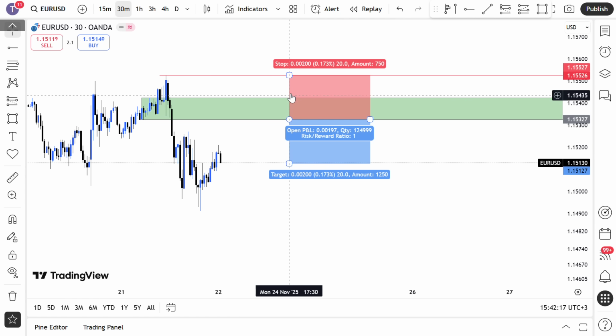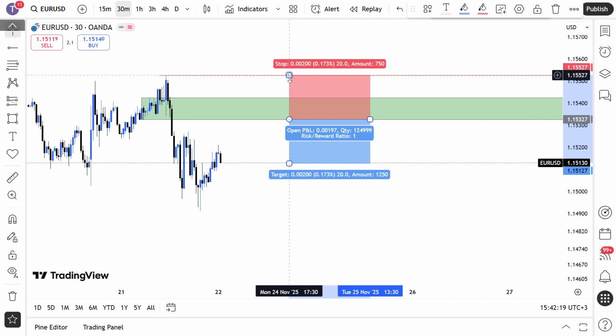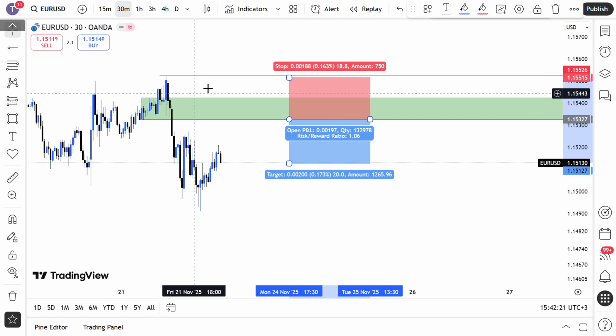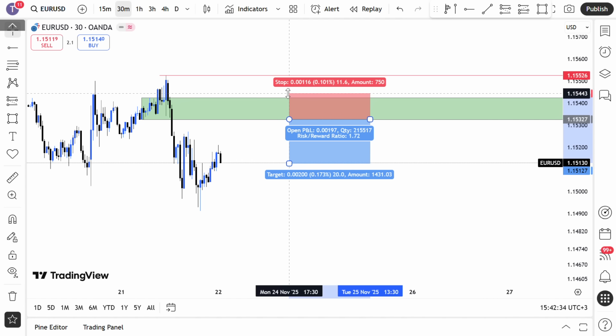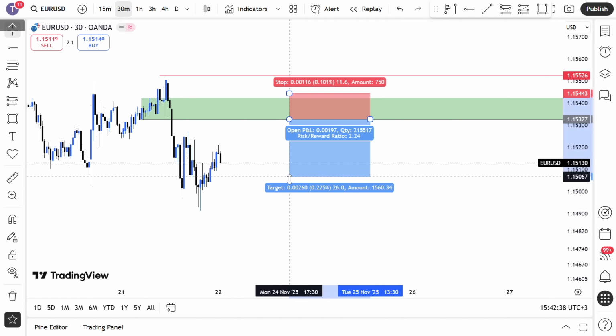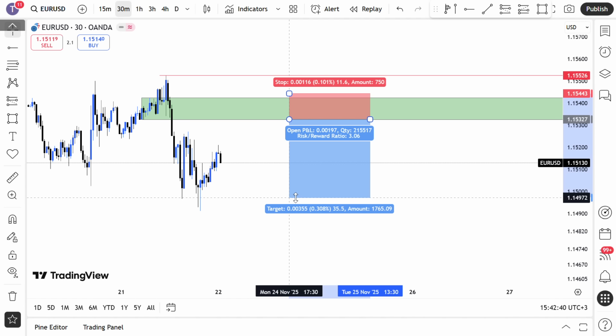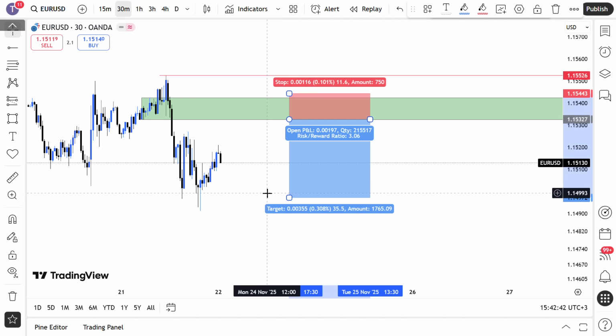As always, because from the higher time frame this is a weak area, I will want to see a confirmation first before I have my entry. I want to see price reacting from that 4 hour order block before I have my entries. The first take profit, as always, is 1:3 risk to reward ratio.